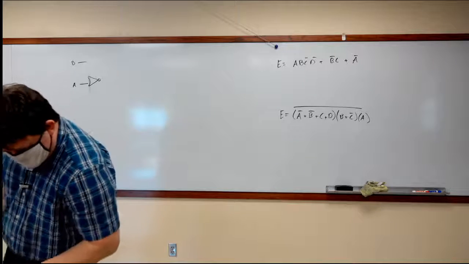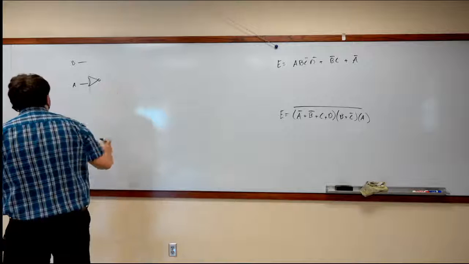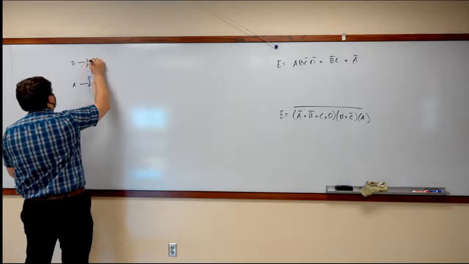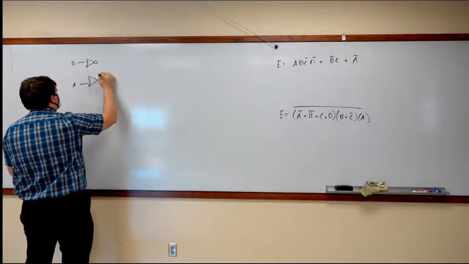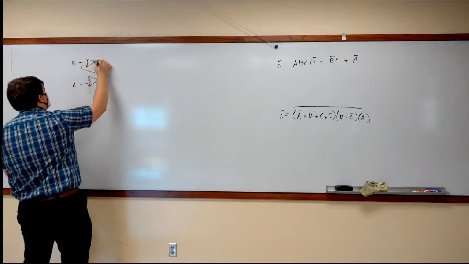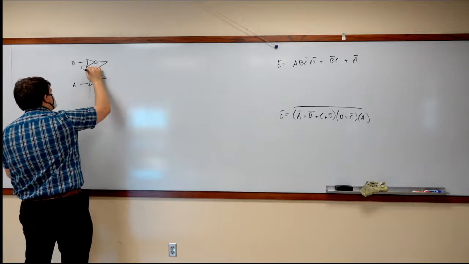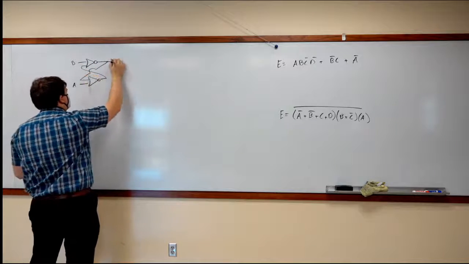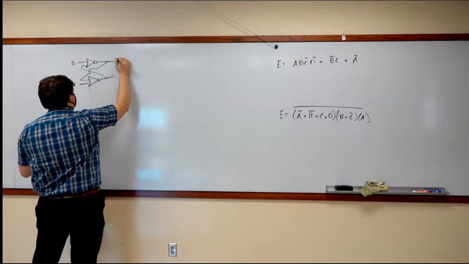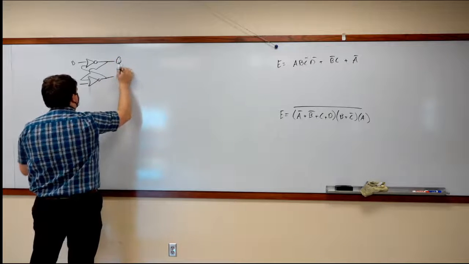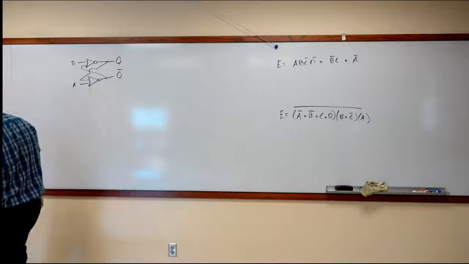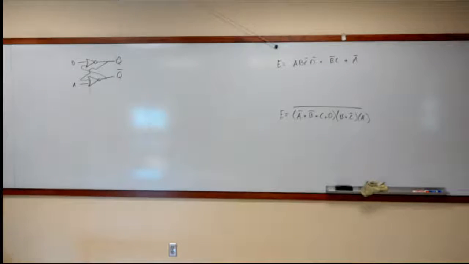Nope, I'm right. It's a NOR. And I got another one up here that's a NOR. And I'm going to take the output of this one, plug it into the input of this one. I'm going to take the output of this one and plug it into this one. And I'm going to have two outputs. One I'm going to call Q, one I'm going to call Q naught. Because actually Q naught is the opposite of Q.